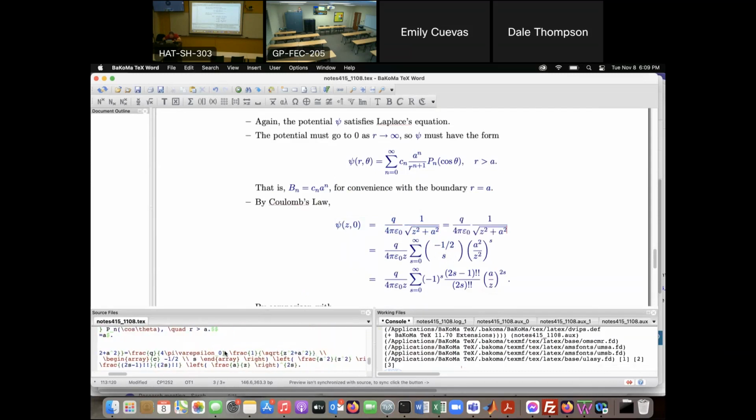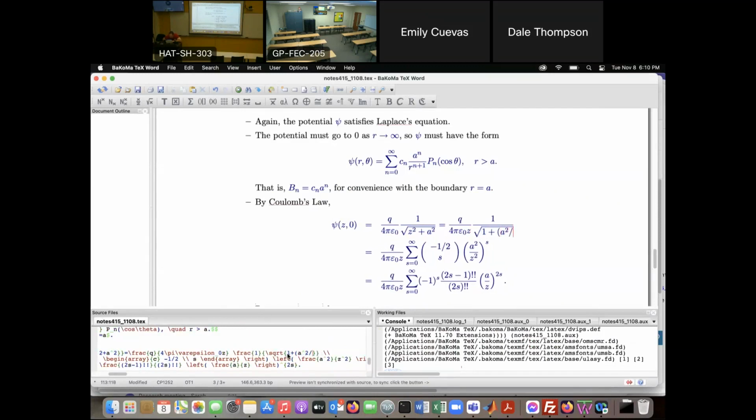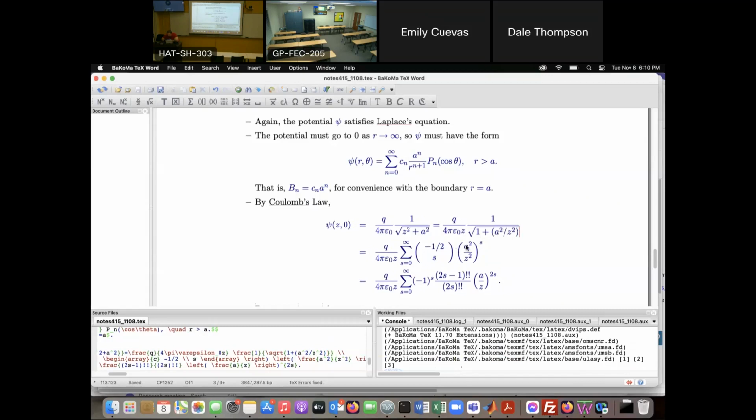I'm going to pull a z out in the denominator, not a, and then this becomes 1 plus a squared over z squared. Writing it this way, because I want it as 1 plus something raised to a power, in this case -1/2, gives me this expression here.